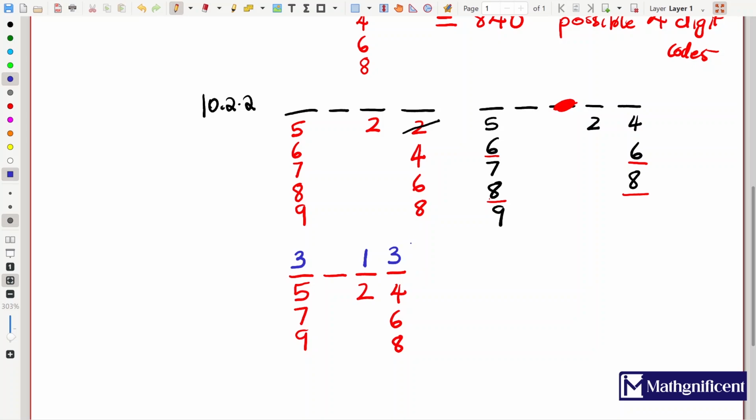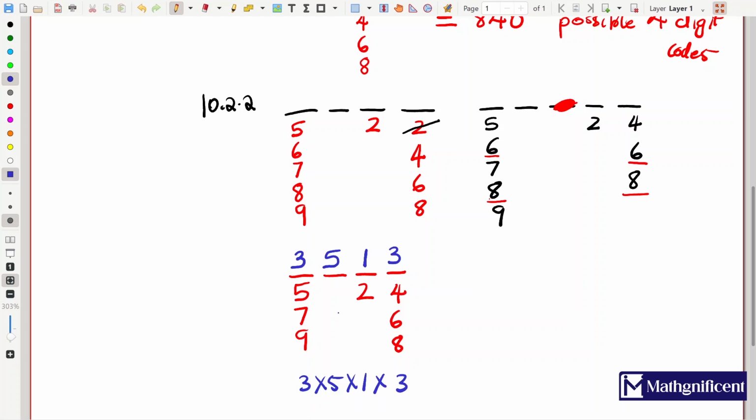So that leaves us with a choice of how many numbers? A choice of 5. So remember, 8 minus 3, because we have chosen 3 already, so that leaves us with 5 choices. So this means that this can be done in 3 times 5 times 1 times 3 ways, right?